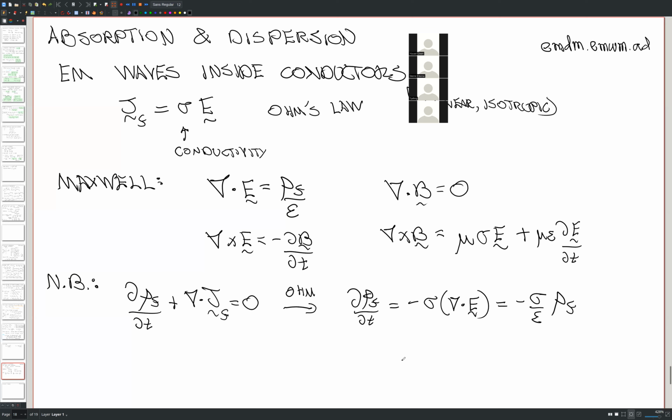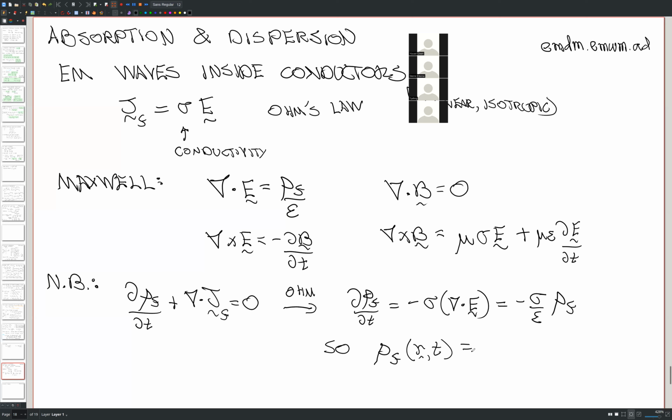And the solution is that my rho f as a function of position r and time is a decaying exponential in time, starting from some initial value.